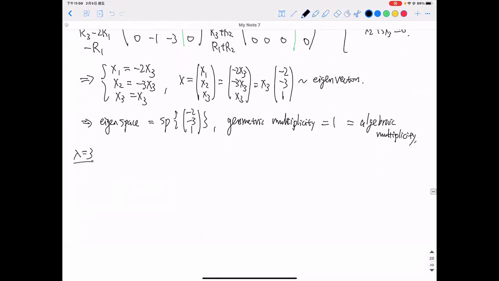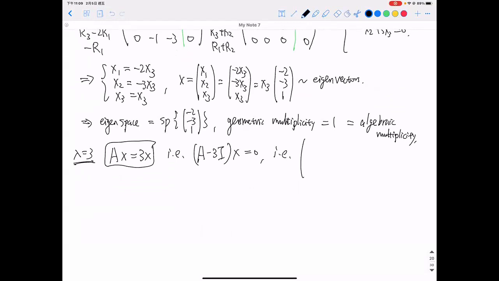Now finally, lambda equals 3. We need to solve the system AX equals 3X. That's the same, of course, as A minus 3I, X equals 0.